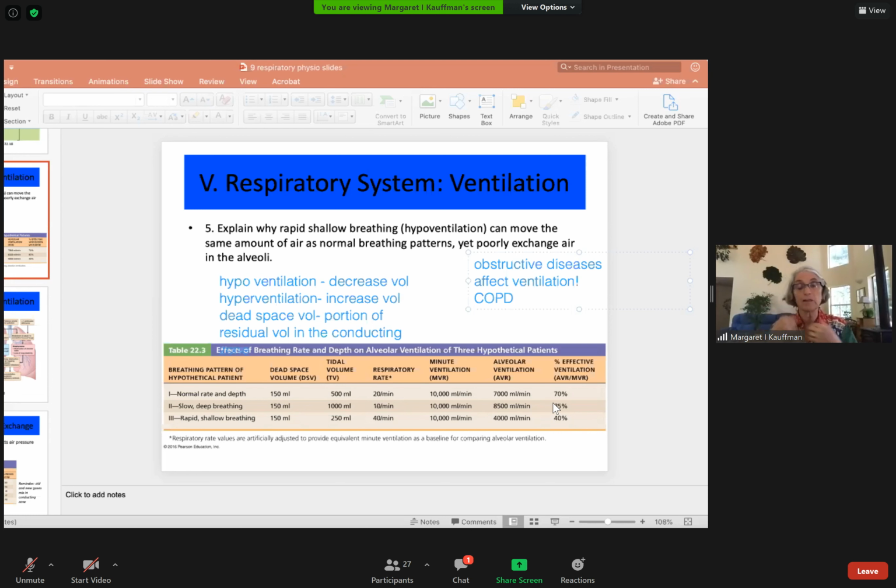What that means is that the person's going to have a higher residual volume. So more old air is in there. As they try to breathe in, there's less fresh air to old air mixture, and therefore their partial pressures get affected in that case. Same thing with early fibrosis of the lungs.